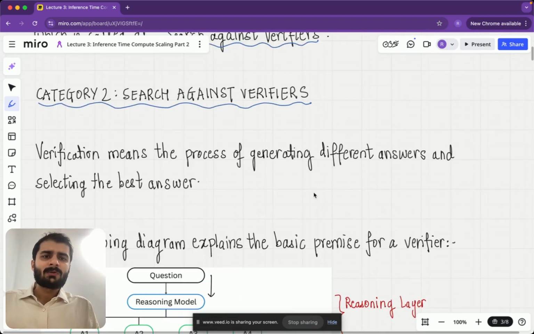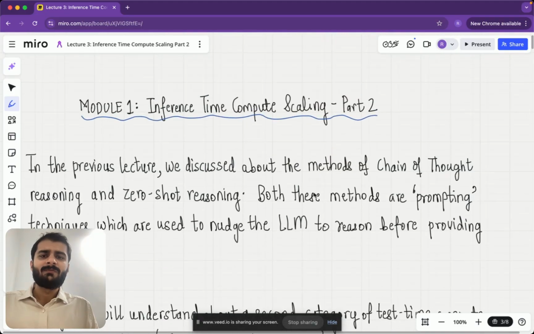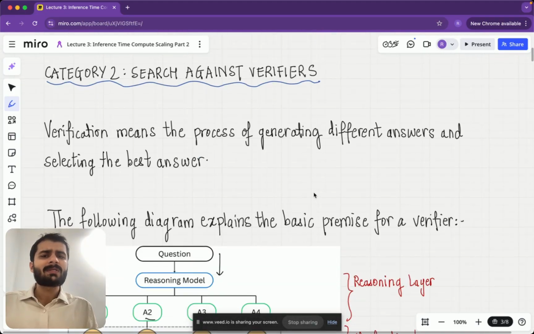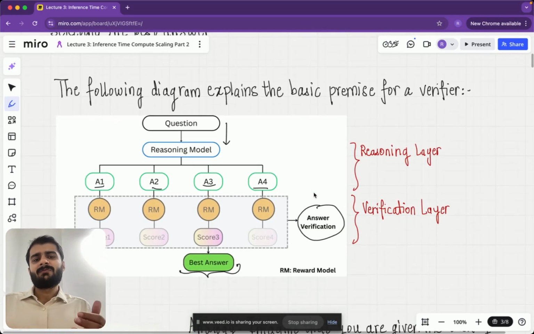Now, let's go back to the title of this lecture, Inference Time Compute Scaling. How does this fit under this title? Well, remember that we talked about test time compute in the first and second lecture. When you have a verification layer, it's going to increase the computational resources which the LLM uses during inference.